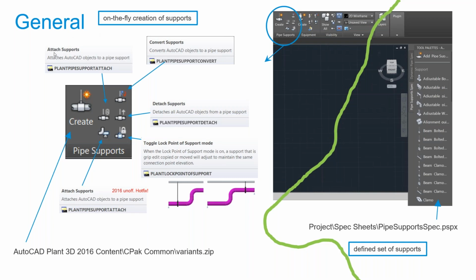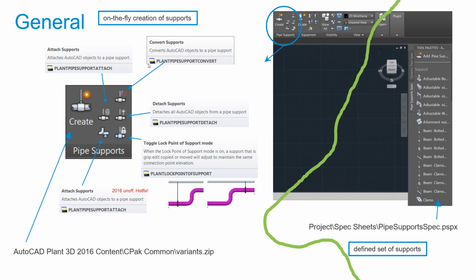You have several buttons here. For example, the Attach Supports button. Let's first start with Convert Supports, because Attach is kind of a sub-function of Convert Supports, or the result of it. With Convert Supports, you can convert AutoCAD objects, blocks, or solids into pipe supports.